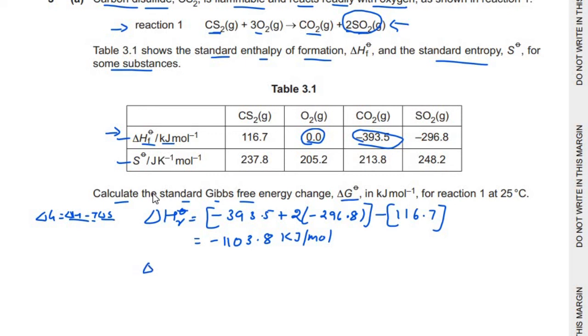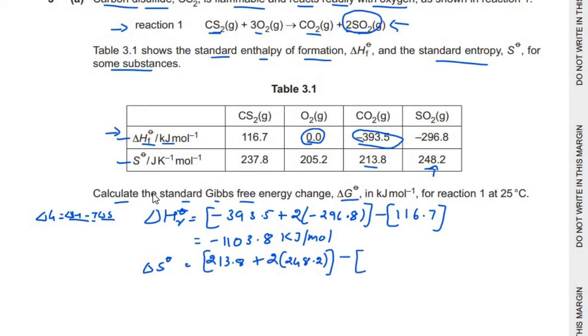Now if we start by calculating the entropy change of this reaction, again it is product minus reactant, and we have to start with the carbon dioxide and sulfur dioxide. So again in the same way we have 213.8 plus again the value of sulfur dioxide has to be multiplied by 2. So 2 into 248.2, that is for products. Now minus the reactant values.